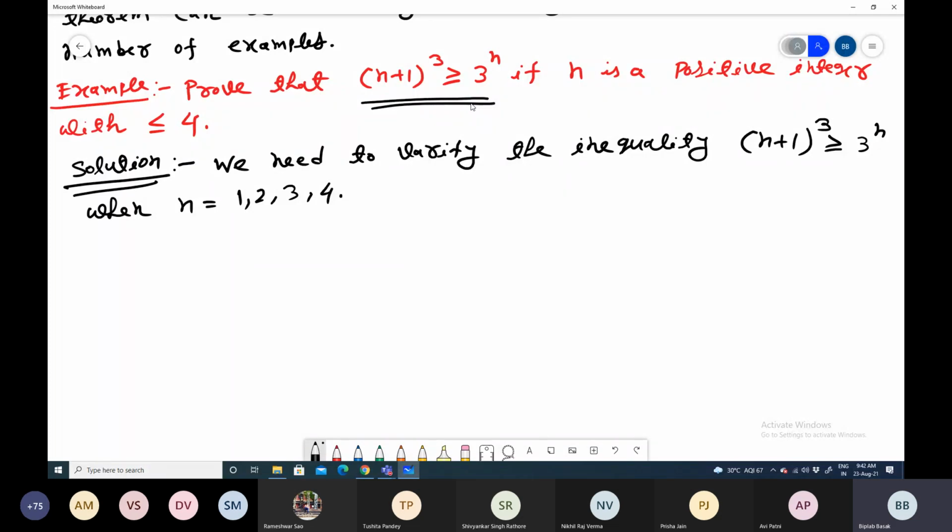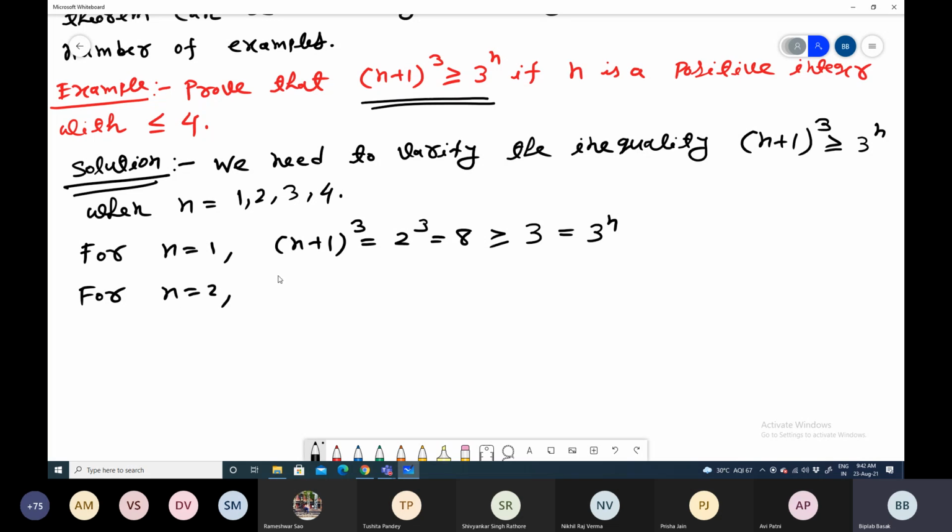Now this type of proof is called the exhaustive proof. For example, for n equal to 1, (n+1)^3 will be 2^3, that is 8, and that is bigger or equal to 3, that is 3^n. Similarly, for n equal to 2, (n+1)^3 equals 3^3, that is 27, and that is bigger or equal to 9, that is 3^2.